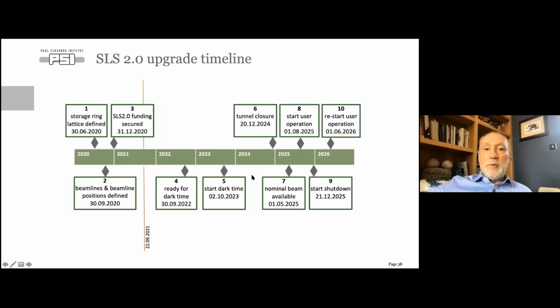Now, unfortunately, we will not be able to do all of the beamlines in one go. So we will have a second 3-month shutdown in which the mainly soft X-ray facilities are installed, and then 3 months of commissioning, and we will restart user operation in the summer of 2026.